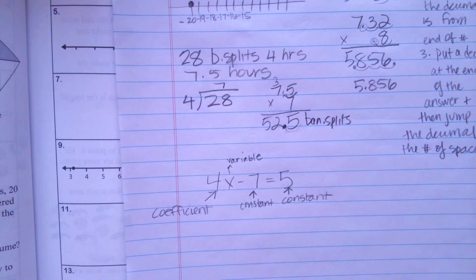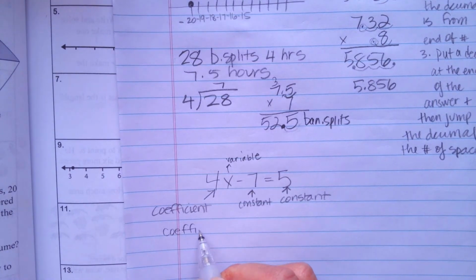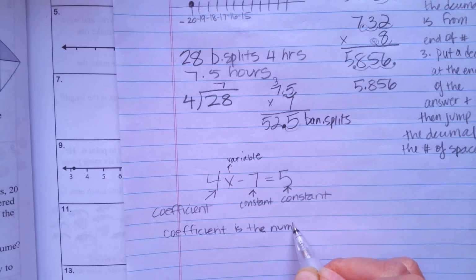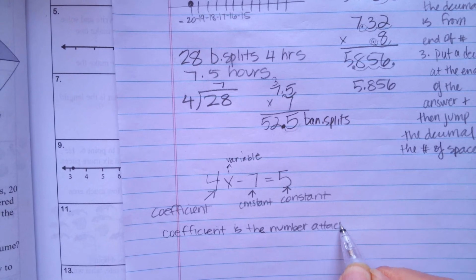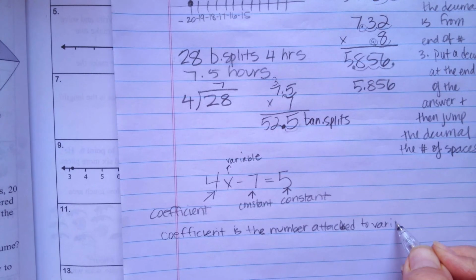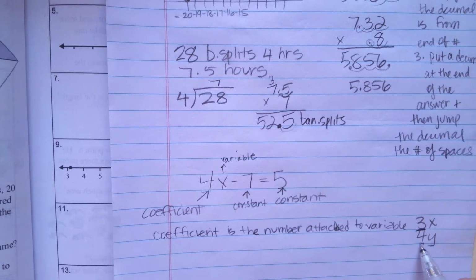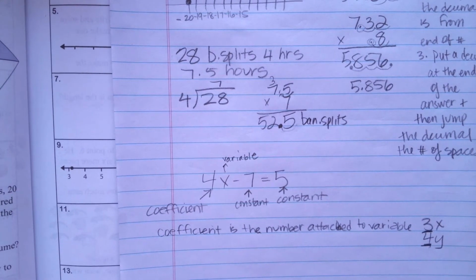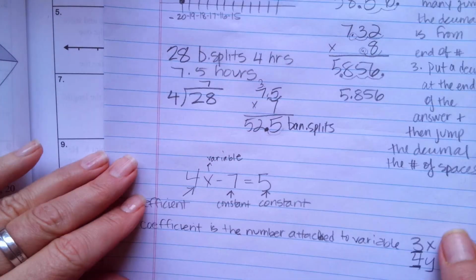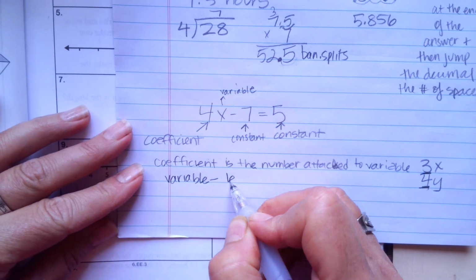I'm done with it. Okay, so what this means is the coefficient is the number attached to the variable. So like 3x, 4y, this is the coefficient. Okay. Then the next thing is the variable. That is the letter.